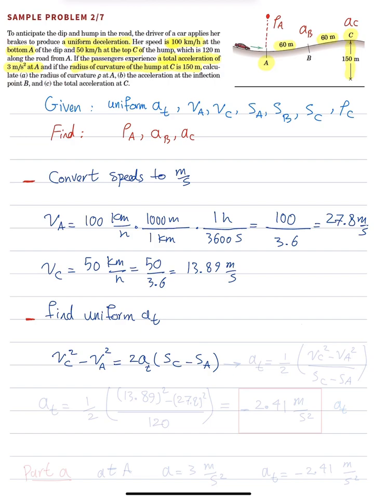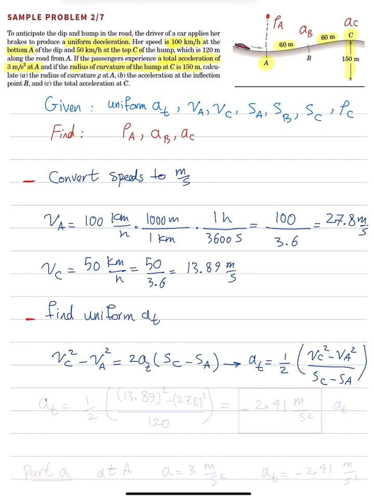Okay, so let's plug in those numbers. So let's write AT in terms of vC and vA, it's going to be half of vC squared minus vA squared, divided by sC minus sA, right?